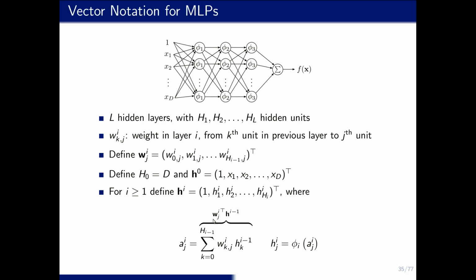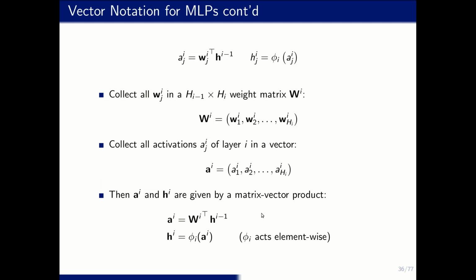So this activation can be compactly written as this inner product, and now the hidden unit is just applying this nonlinearity to this inner product, so to this a_ij. So again, the activation in the ith layer, jth unit is just an inner product between the weight vector and the vector of previous outputs, and the output of this unit is just applying the nonlinearity.